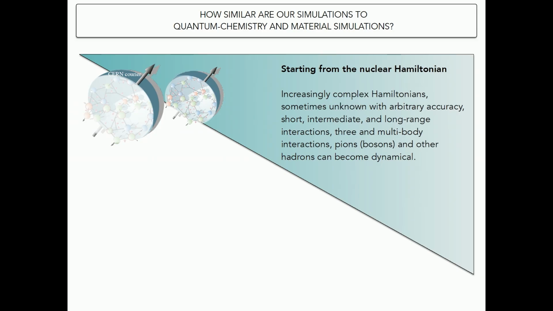There are short, intermediate, and long-range interactions. There are 3 and multi-body interactions. And nucleons, protons, and neutrons are not sometimes the only degrees of freedom. We have to worry about pions and all sorts of hadrons in nuclear physics that can become dynamically important as well. Okay? So these are the features, and I come back to these two pictures when I give you some estimates of the quantum computational cost of doing dynamics in each of these pictures.